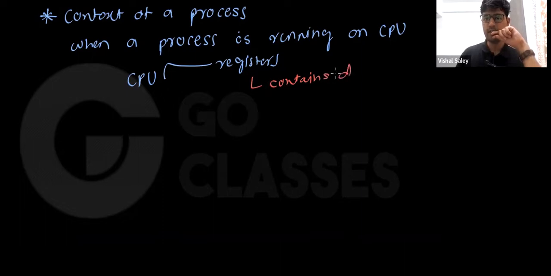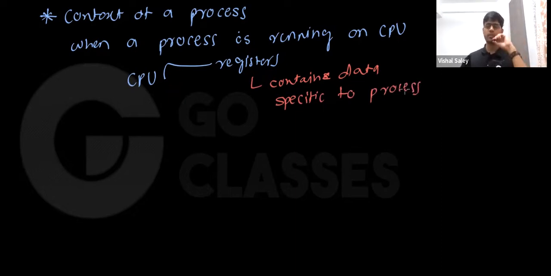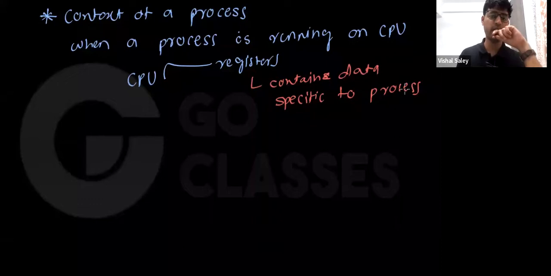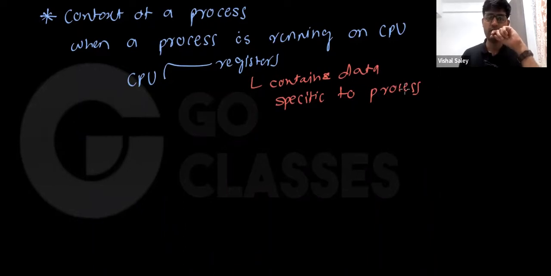Data specific to the process. Because currently the CPU is executing that process, whatever values are there in the CPU's registers are basically specific to the process, right? Okay.